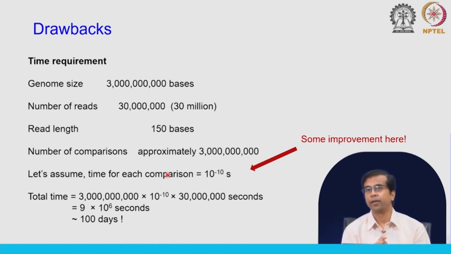So, we have improved there, we are doing that faster. What it would mean is that the total time required will actually be less, but still it is quite high. It is about 100 days. So, it is still not acceptable. It takes about 3-4 months, that is not acceptable for us.